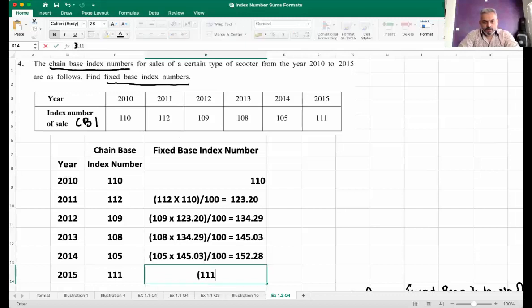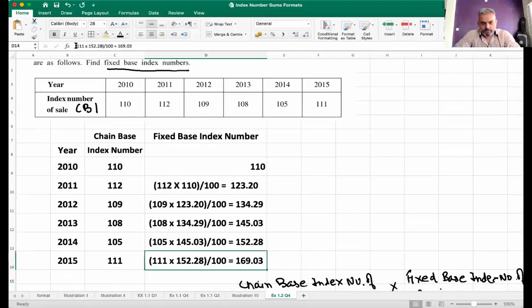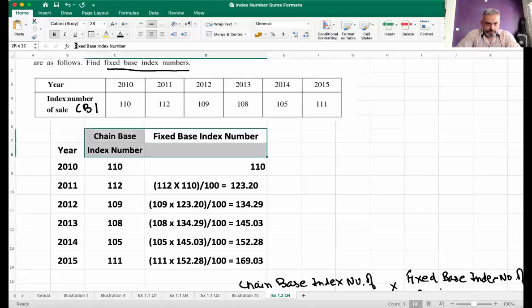Then 111 into 152.28 divided by 100, which is equal to 169.03. This is the answer.